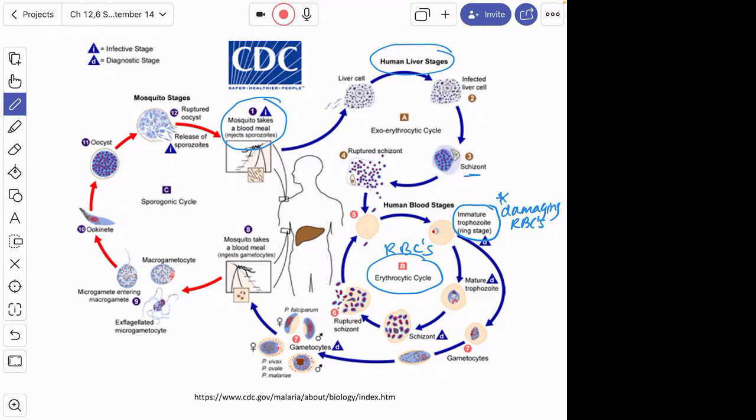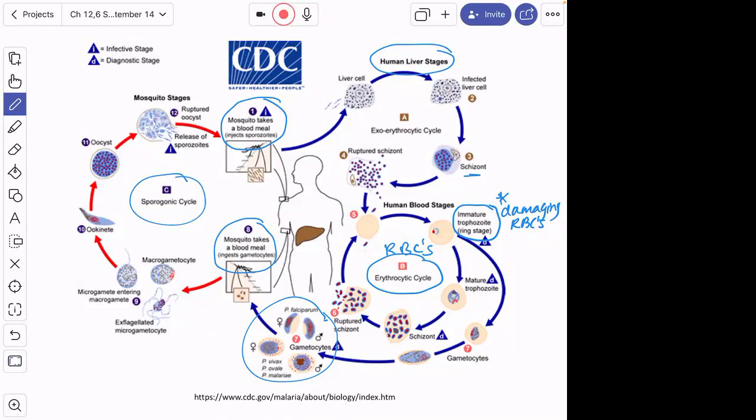As the malaria parasites are maturing in our bodies, they actually have some sexual reproduction that they do. So there are some gametocytes there. And if a mosquito takes a blood meal from that patient, then the mosquito can become infected. And then we have this whole cycle that takes place within the mosquito.